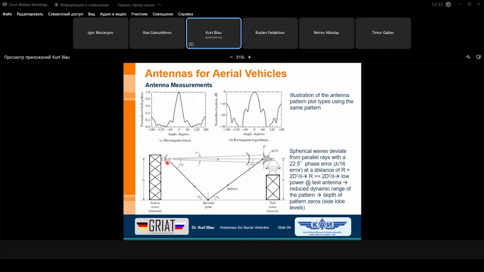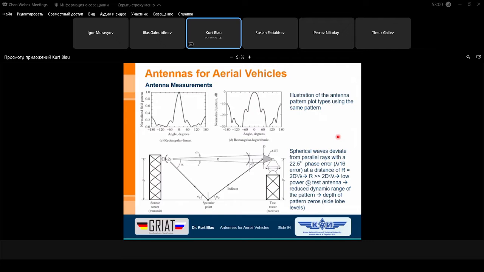This is, for instance, only one ray which can reflect here at this specular point, and also can be received by our antenna under test. Then we have a measurement error in the plane of our antenna under test.